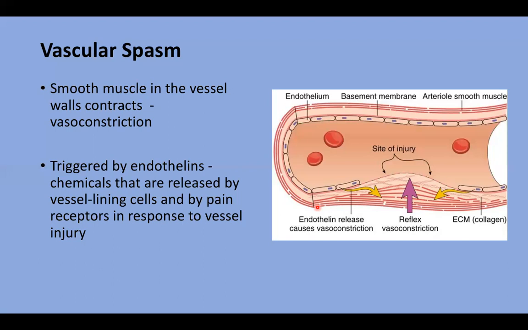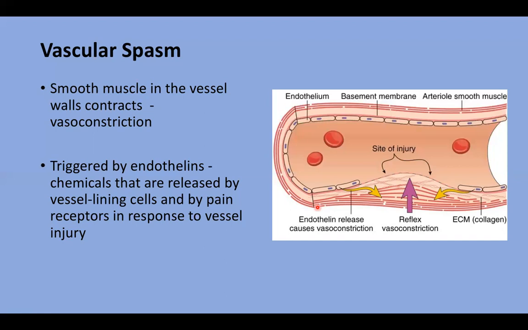It still happens, but that's just too large of a vessel and there's just too much blood flowing into that vessel for the vascular spasm really to be adequate to stop blood flow to that area. So even though the vascular spasm is very beneficial, the smaller the vessel, the better. The larger the vessel, the more screwed you are. That's when you really want to make sure you have a tourniquet in place.